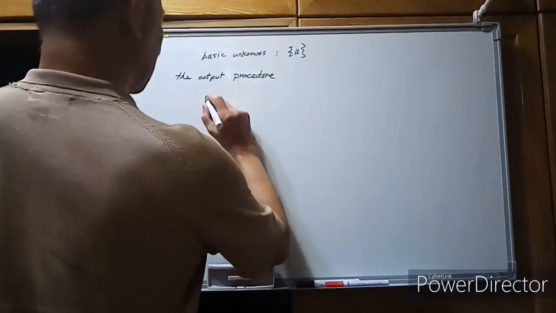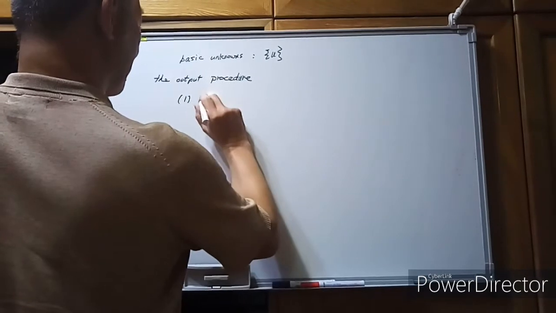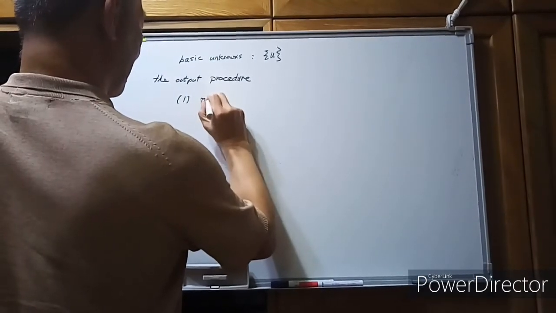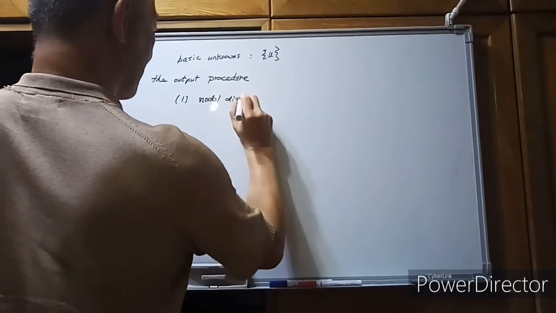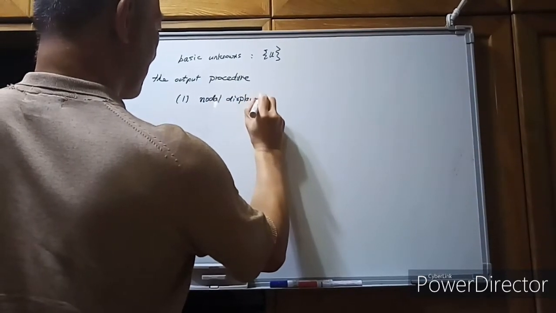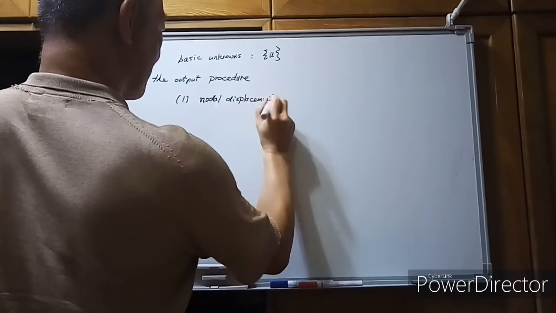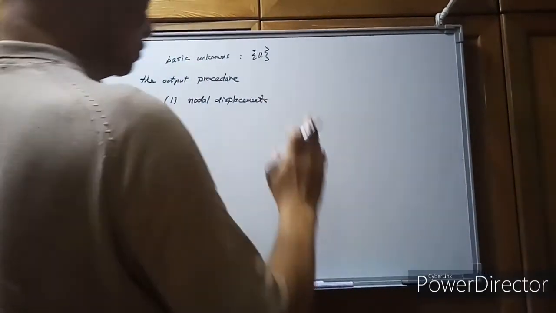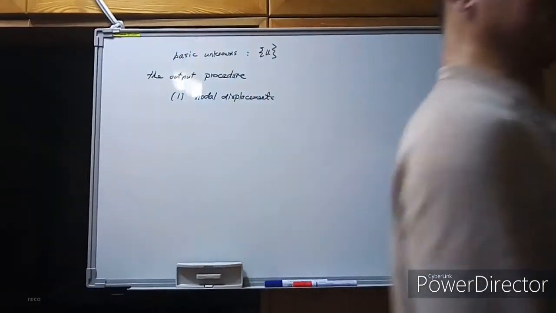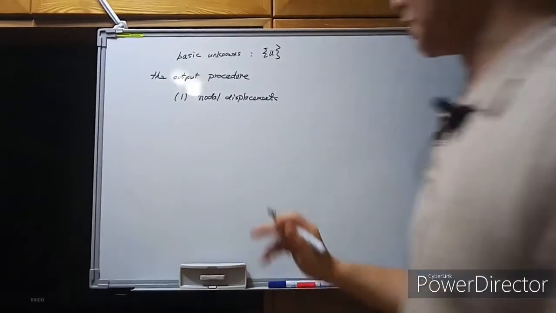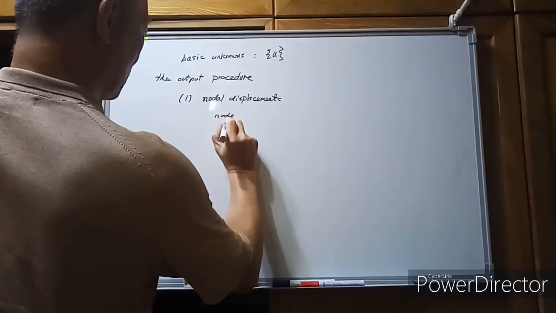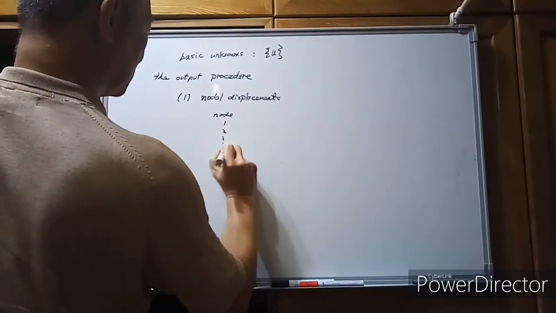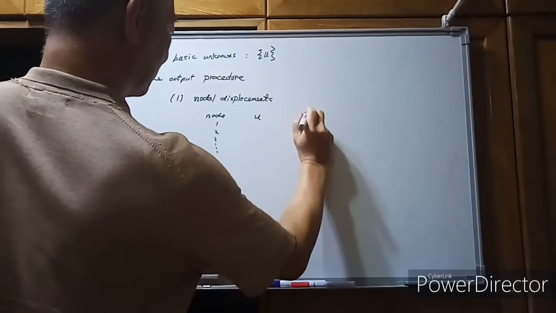Usually it includes the nodal displacements, and you can use labels like node 1, 2, 3, the U vector and the V vector.